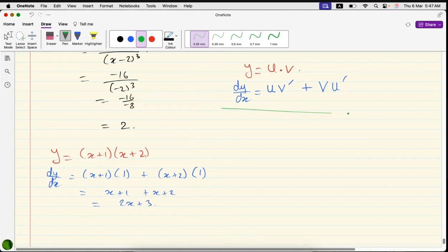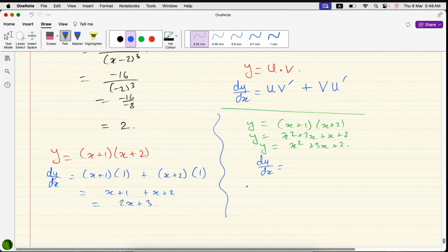Now, some students argue that they can always simplify it by multiplying these two and then differentiate. Definitely, in this case, there's no restriction. This is x squared plus 2x plus x plus 2. y is equal to x squared plus 3x plus 2. So the two methods are basically either we multiply each function with the differentiated value of the other and then add them together, or we expand the brackets and then differentiate.